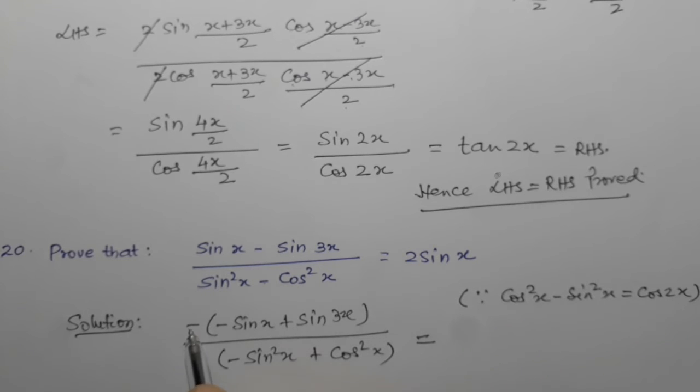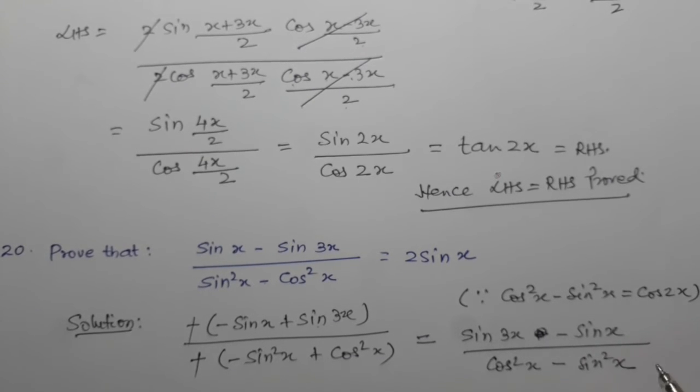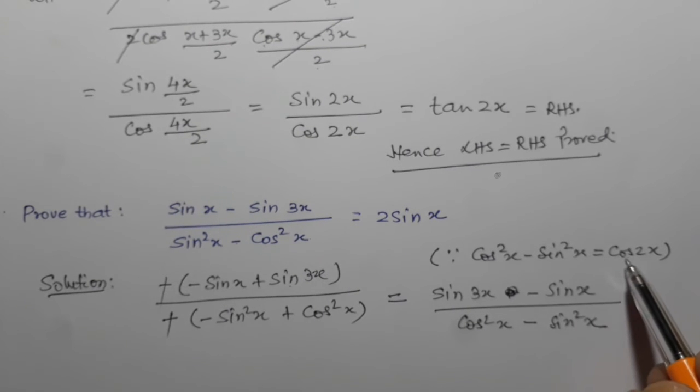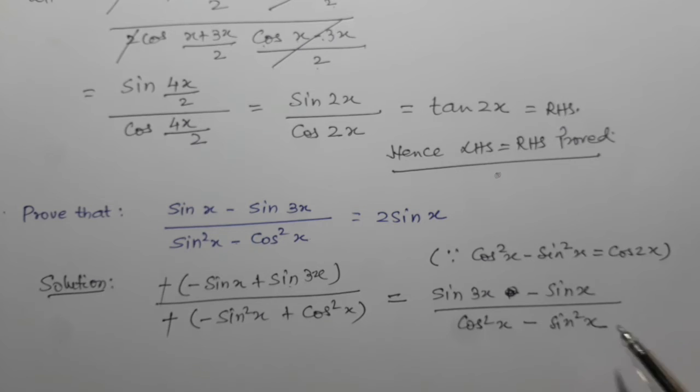This minus can be cancelled, and so it will be sin 3x minus sin x in numerator, and at this place cos square x minus sin square x we can write. So cos square x minus sin square x is equal to cos 2x. This came from the identity.